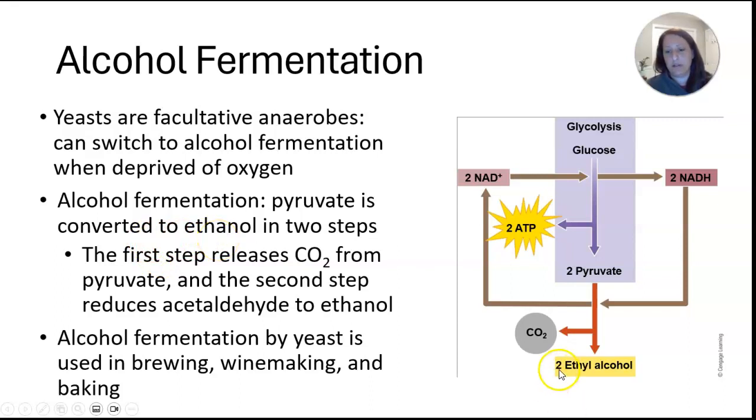And so you can see down here at the bottom, 2 ethyl alcohols, which is the same thing as ethanol, is produced. The first step here is going to release carbon dioxide from pyruvate. And then the second step reduces what's left, which is acetaldehyde, to ethanol. Okay, so CO2 is pulled off, and we end up with ethyl alcohol or ethanol.